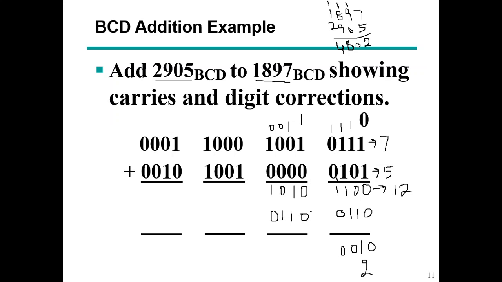So let's add 6 to it. 0 plus 0 is 0, 1 plus 1 is 2, it is 01. 1 plus 0 plus 1 is 2, it is 0 and 1 here. 1 plus 1 plus 0 is 2, 0 and 1 carry out. So 10 means 0 came here and 1 is carried out.